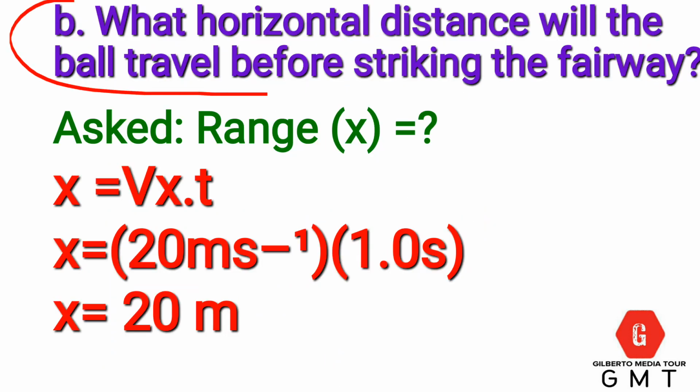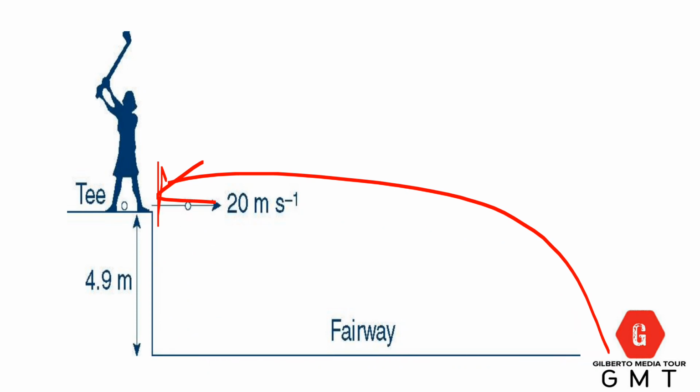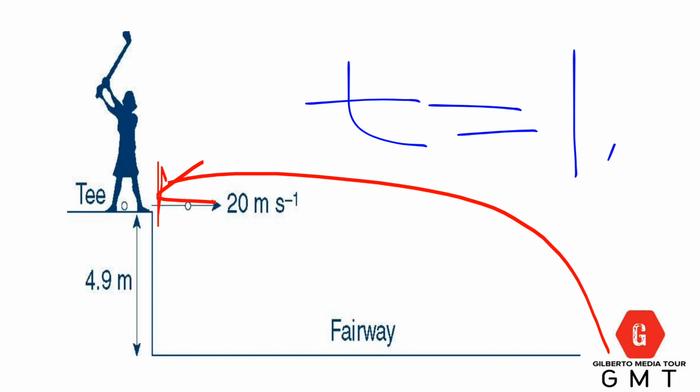Next, what horizontal distance will the ball travel before striking the fairway? Normally, the horizontal distance is given by the horizontal velocity times the time used to reach the ground, and we know the time used. The time we have seen equals 1 second.